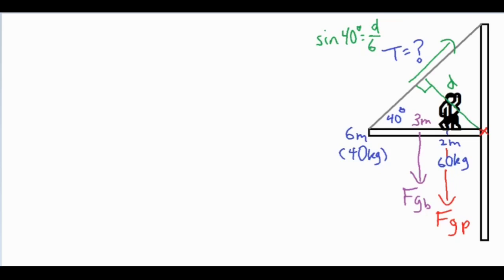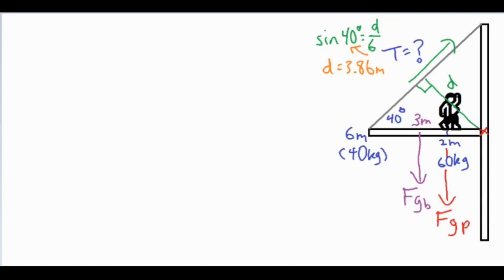Now, if we do a quick cross multiply, we can send the 6 over to the other side, and 6 times the sine of 40 is going to give us about 3.86 meters.